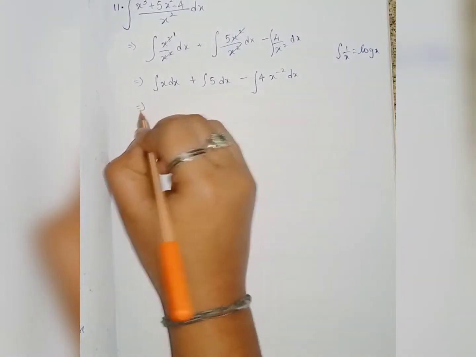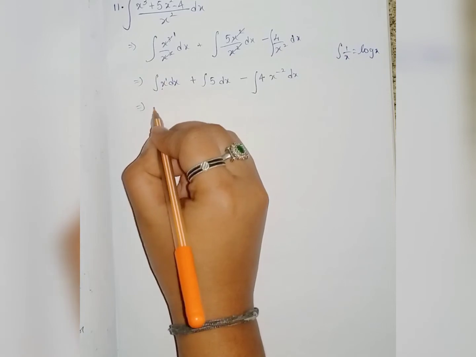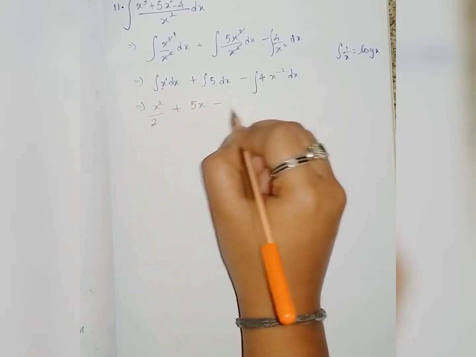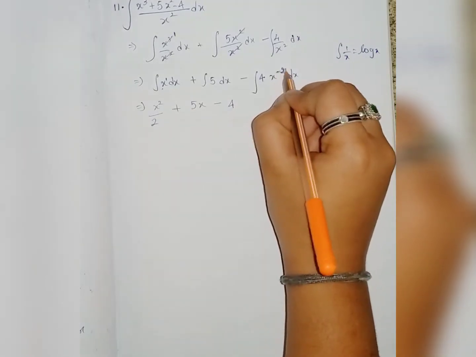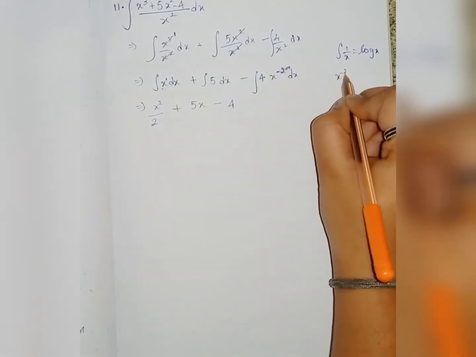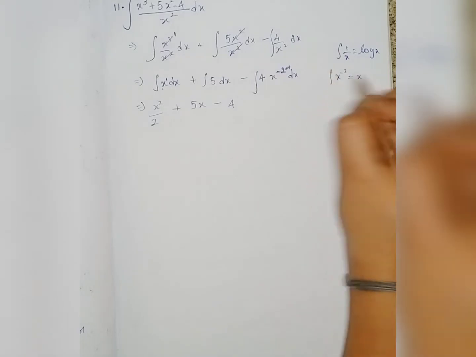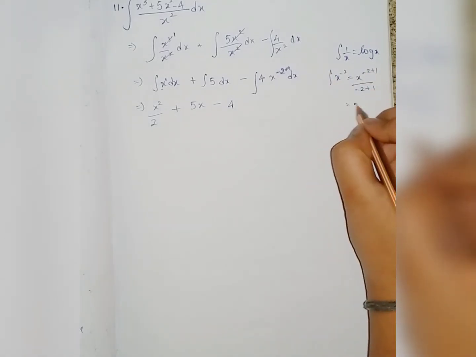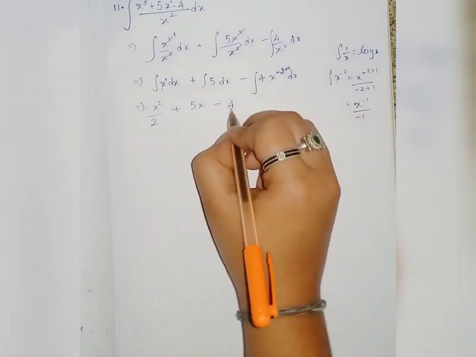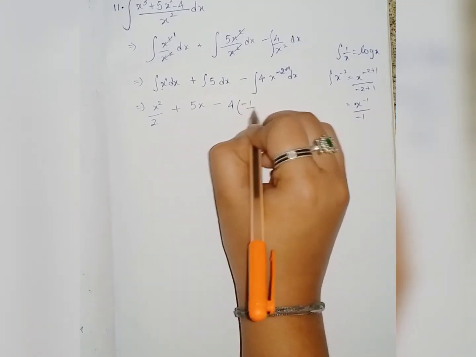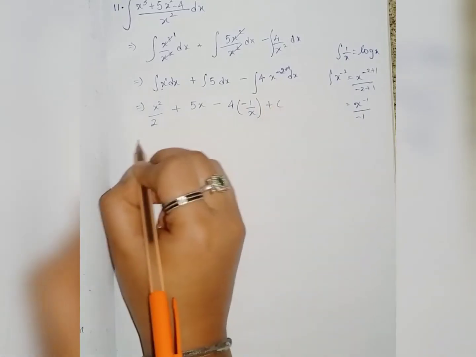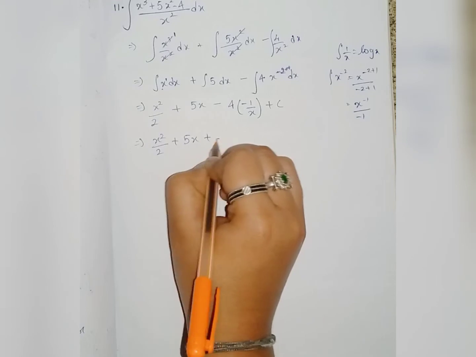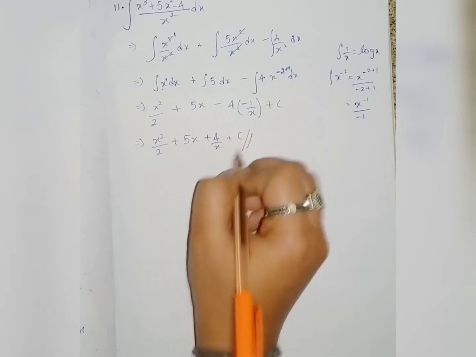Now, integration of x is x power 1 plus 1, that is 2, by 2, plus 5x minus 4, x to the power minus 2 plus 1 by minus 2 plus 1, where we get x to the power minus 1 by minus 1. It is minus 1 by x plus c. So x square by 2 plus 5x plus 4 by x plus c.